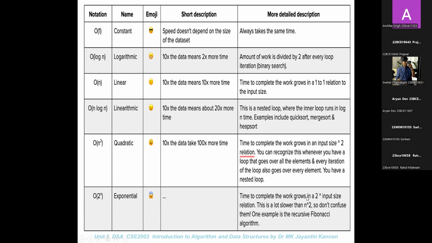Time to complete the work grows as 2 to the power of input size. This is a lot slower, taking large time than n to the power of 2. So do not confuse. One example is the recursive Fibonacci algorithm. If you are using the recursive method, it differs. If you are using non-recursive, it takes less time.